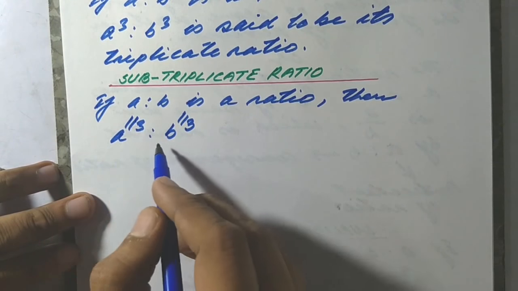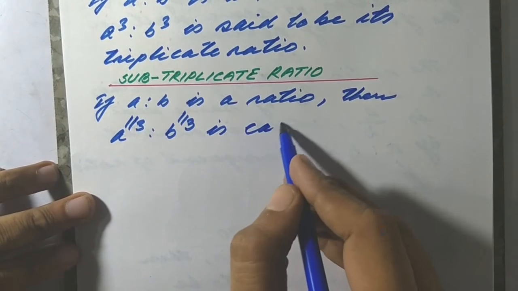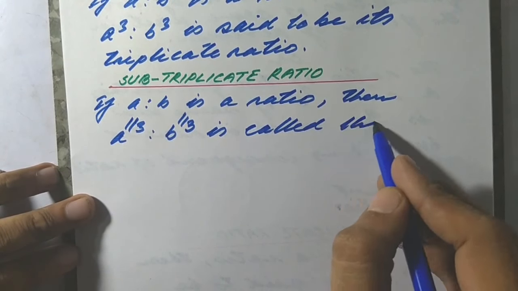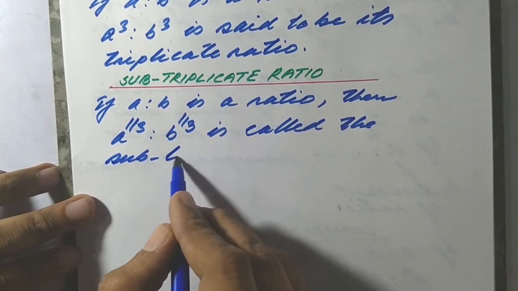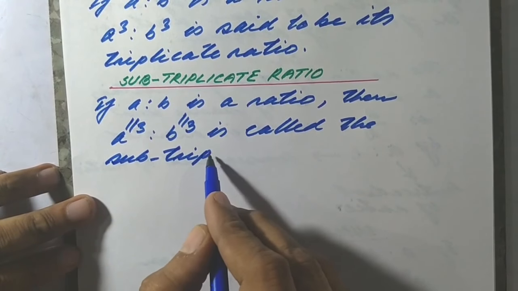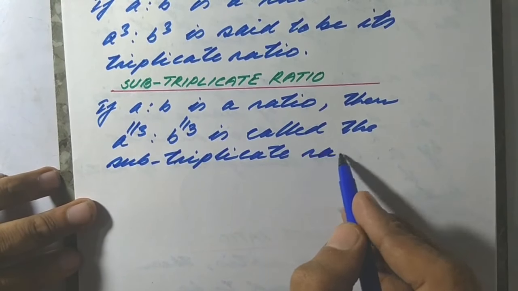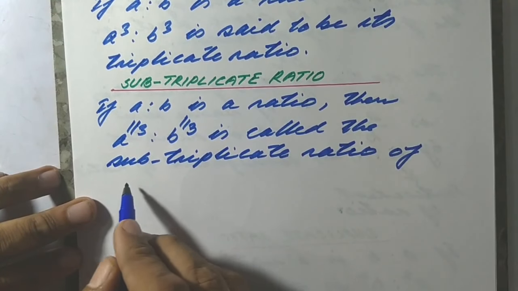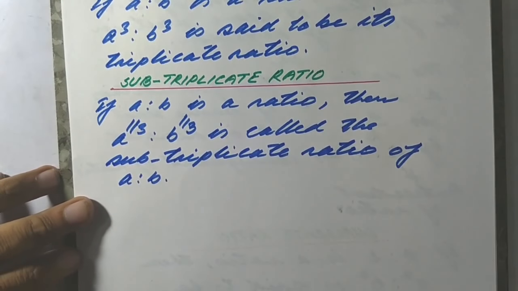So cube root of A is to cube root of B is called the subtriplicate ratio of the ratio A is to B.